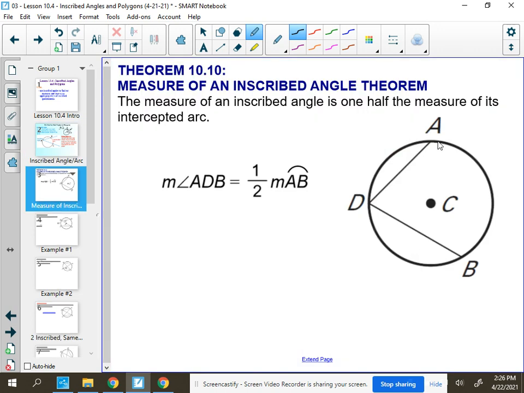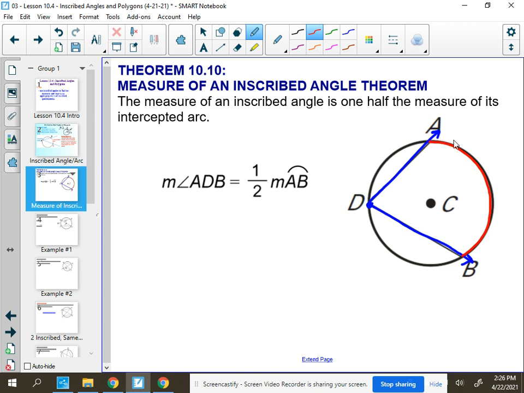The arc measure of an inscribed angle: here's a very similar picture. Here's my inscribed angle, vertex D on the circle. We extend the sides through the circle, hitting here and here, and create the intercepted arc AB. The measure of angle ADB is half the measure of the intercepted arc.